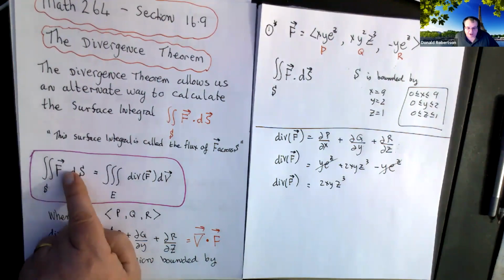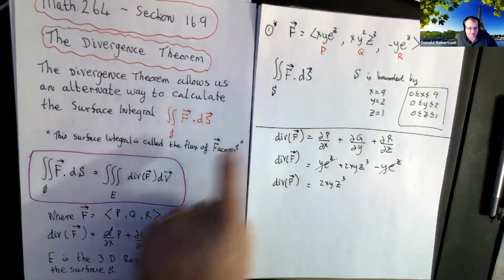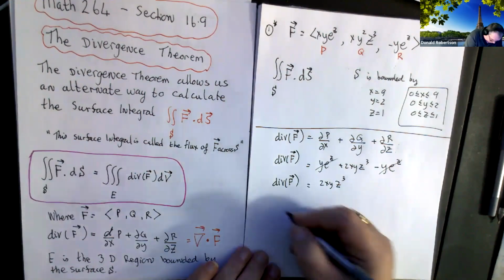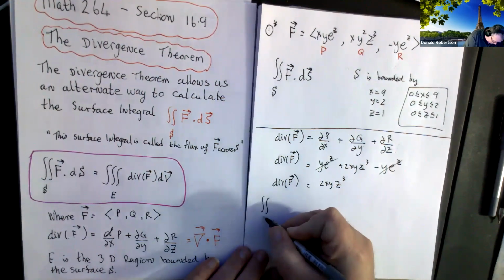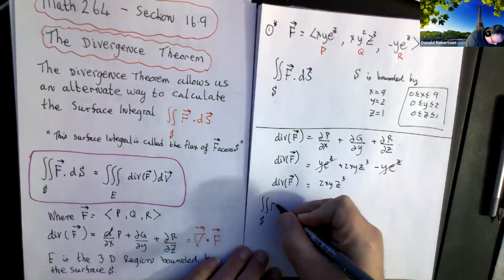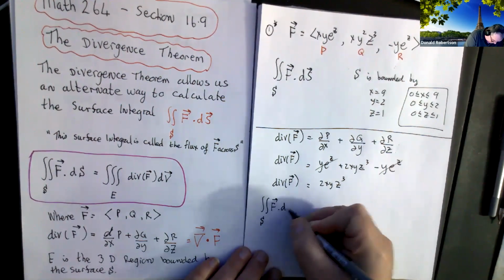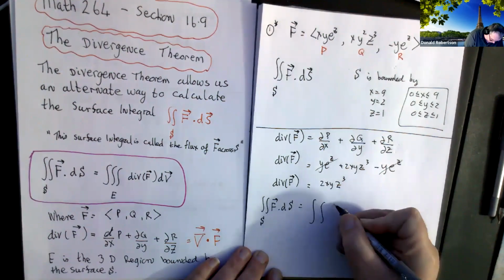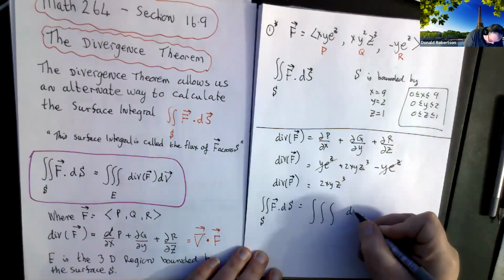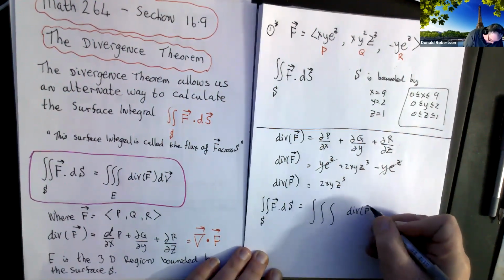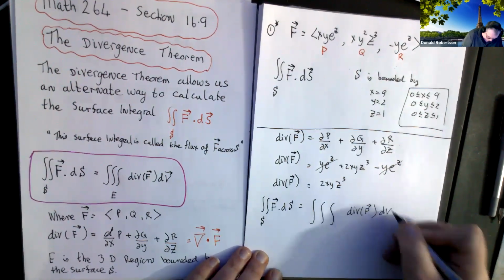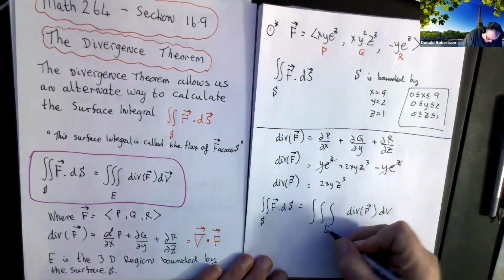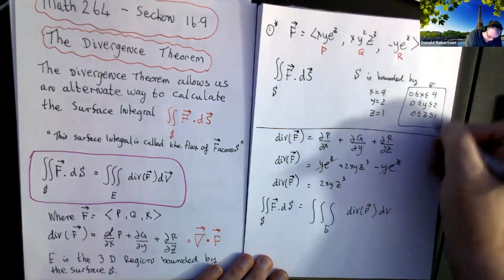Now, according to the divergence theorem, the guy we're looking for, which is this, can be found by calculating this guy. So the surface integral, this fella, is equal to a triple integral of the divergence of f dV. Well, the region E is this box.